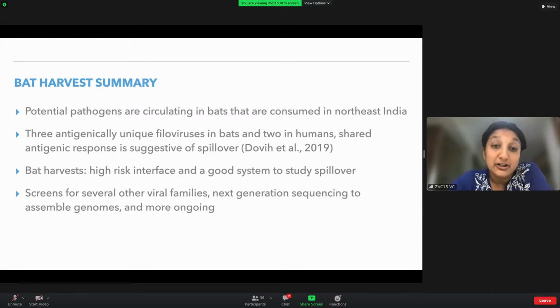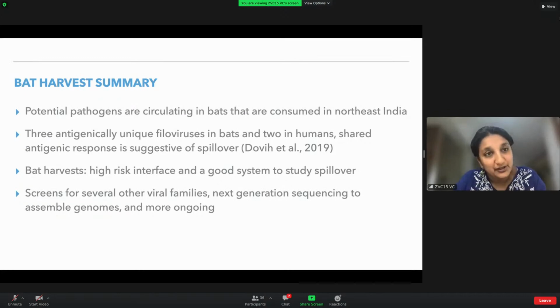We found serological evidence for 3 unique filovirus families in the bats and 2 families in humans, which was shared. Of the 3, 2 of the viral families showed a shared serological response in bats and humans, right?